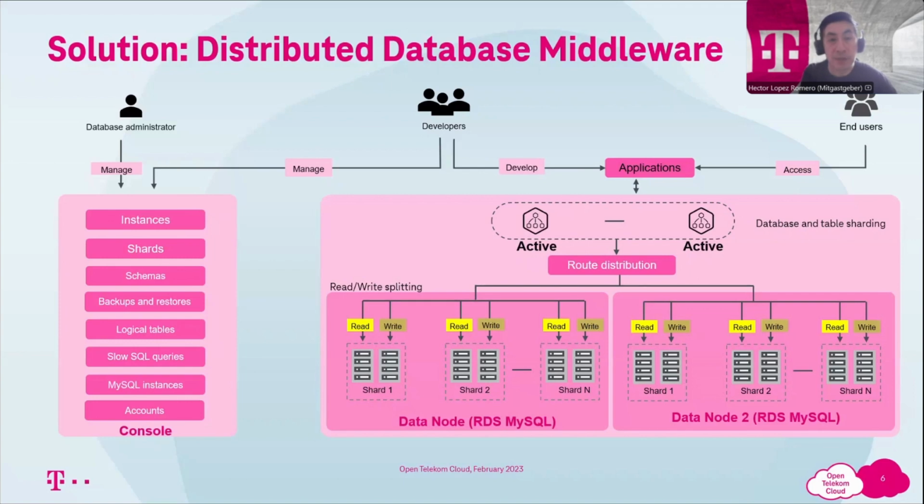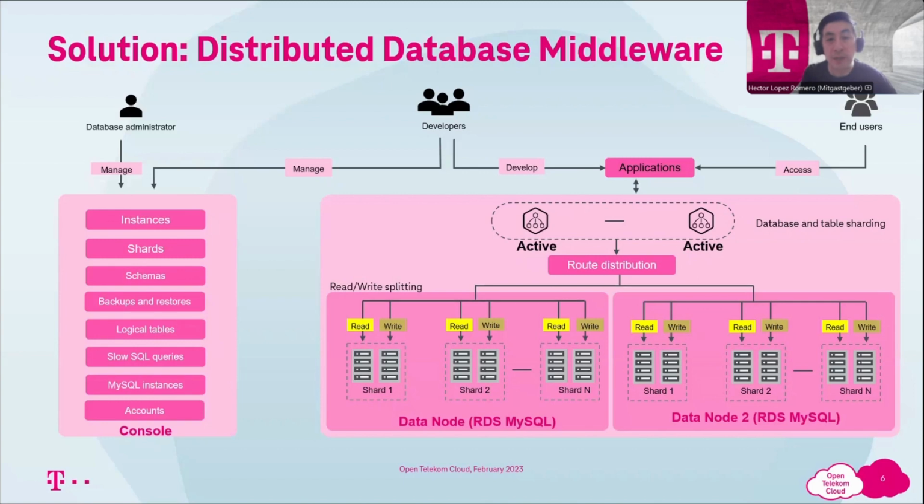But it is not just a proxy, because a proxy only distributes traffic, and that is it. With this distributed database middleware, you have other options. As you see here, for example, in the left column, you can create an instance, meaning a DDM instance. As I told you before, you need to deploy a minimum of 2 of them. And then you can also set the shards.